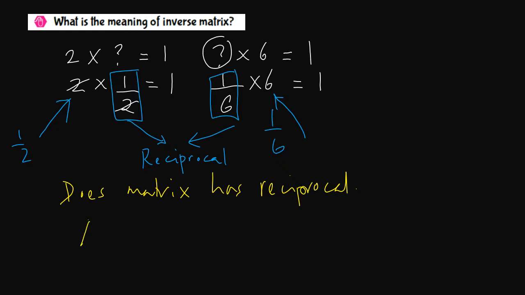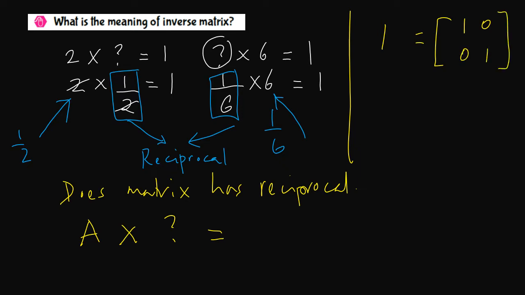Like, let's say matrix A times what will you get 1? In matrix, 1 is equal to the identity matrix, right? What do you think?